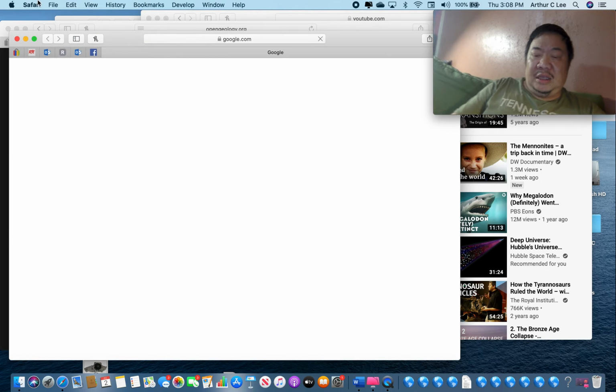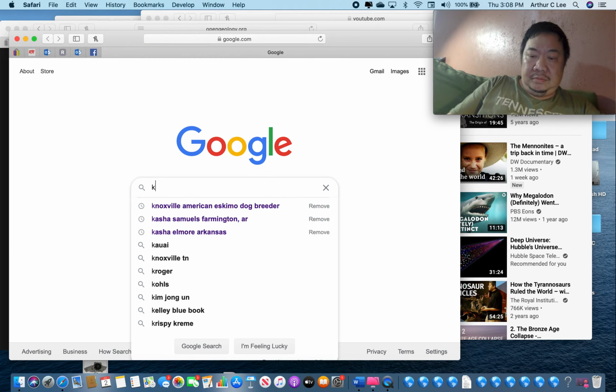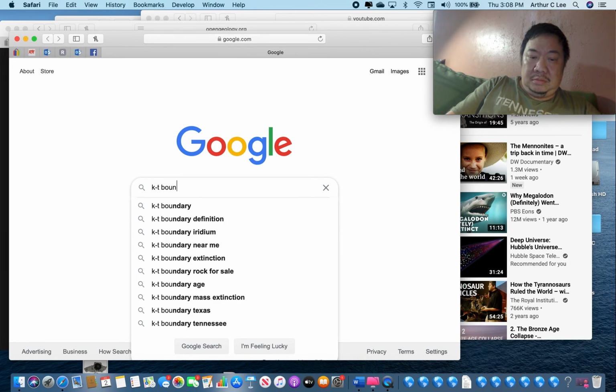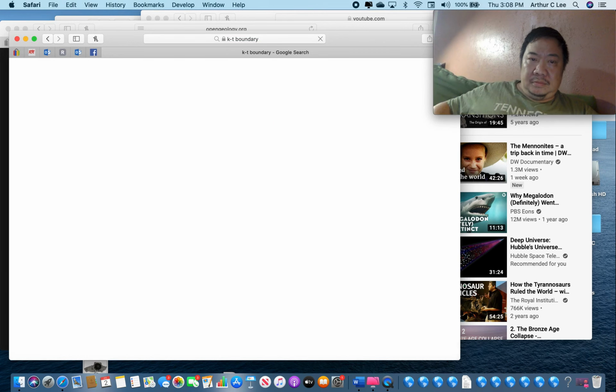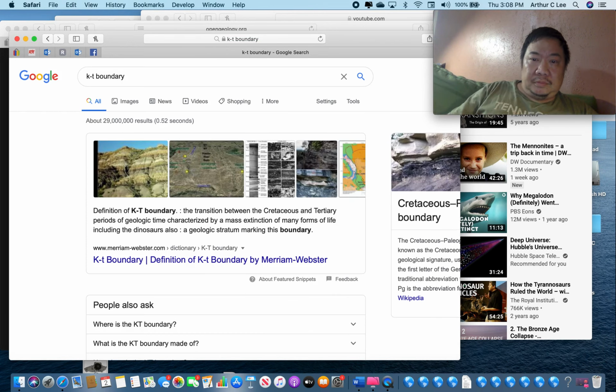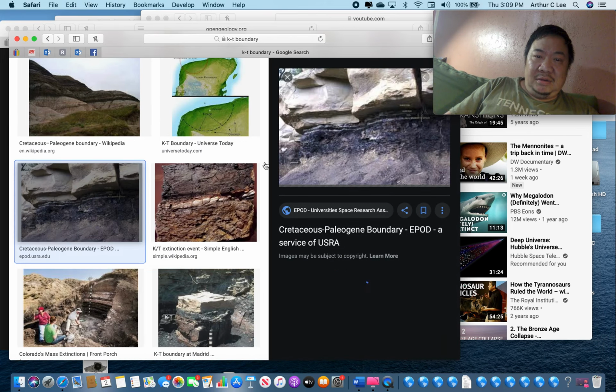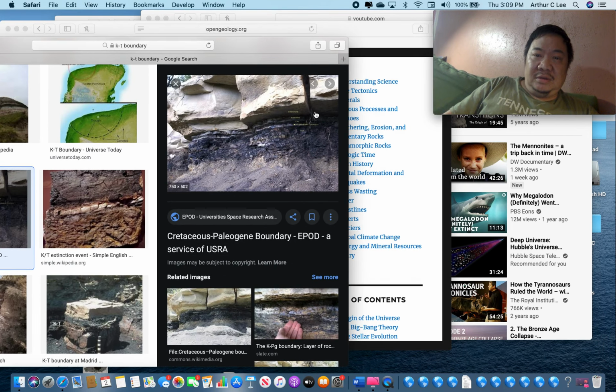let's take a look at the KT boundary for a moment here. Okay, this shows you the KT boundary at one location.